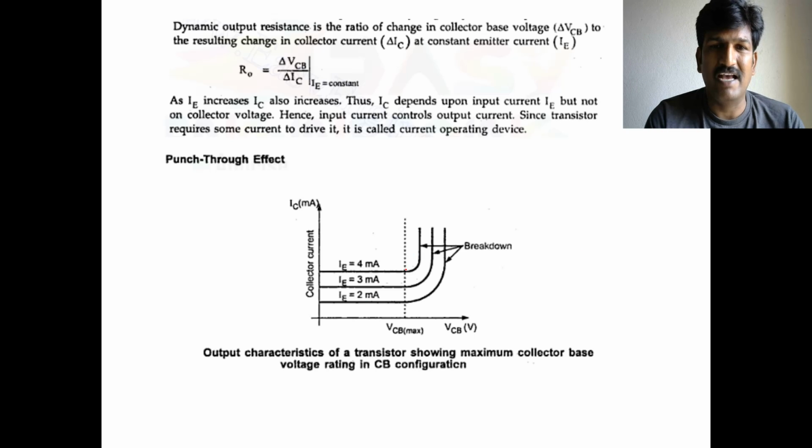Here VCB maximum is the maximum allowable voltage you can give to the collector to base junction to retain it in reverse bias. If it goes beyond VCB maximum, breakdown happens in the junction, so a highly saturated current passes through even the reverse biased junction.